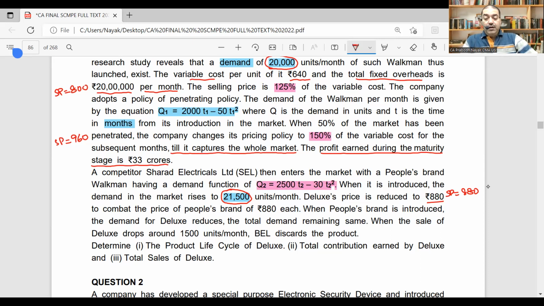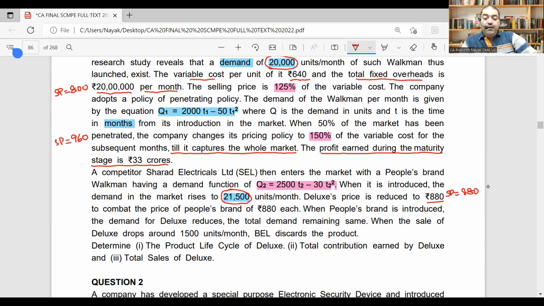So with the three selling prices that we have, first we started with 800, then we went up to 960, and then we came down to 880 when the competitor enters the market. So accordingly, my contribution per unit is going to change. Variable cost will remain the same. 800 minus 640, my contribution will be 160 initially.